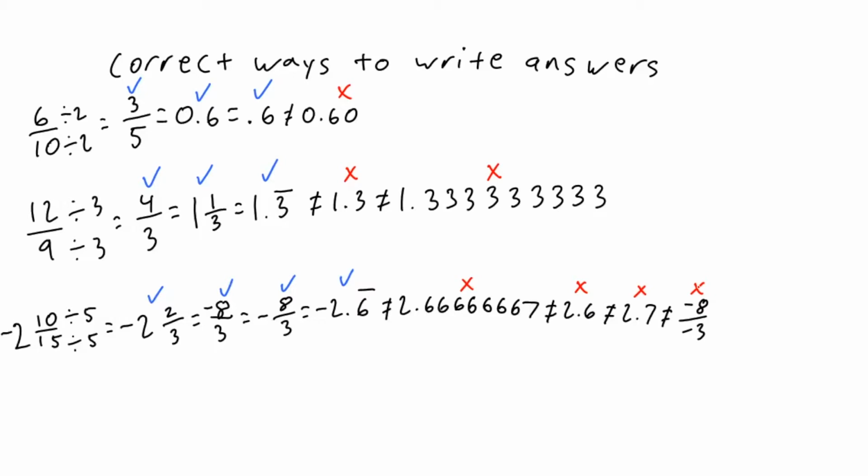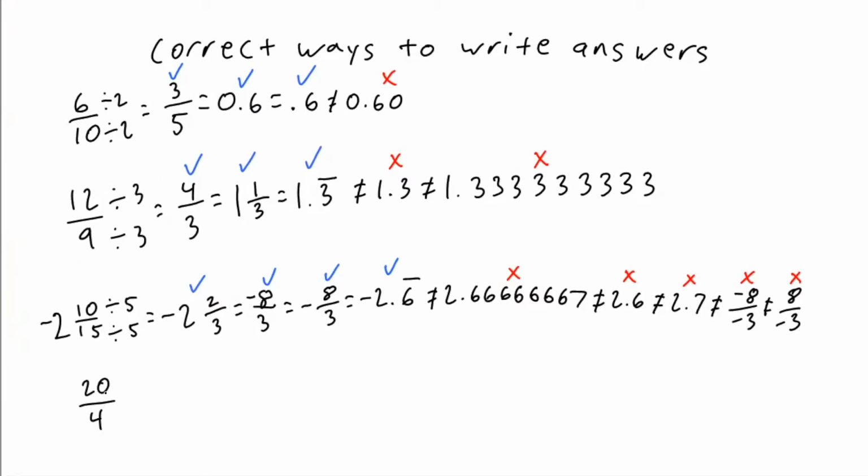So this is not okay. 8 over -3, while technically correct, is not a way we write it. So the negative can go to the 3, but we don't leave it as a final answer this way. We would bring the negative up to the 8 or put it out front. So again, also an incorrect way to write the answer.